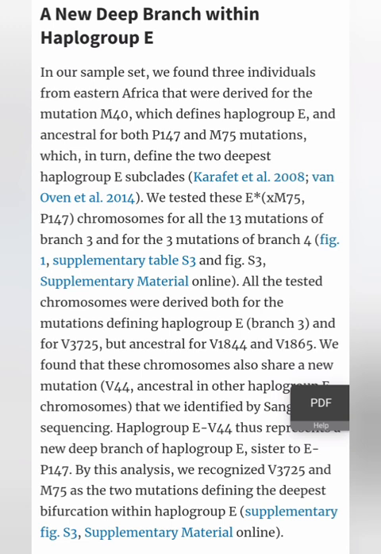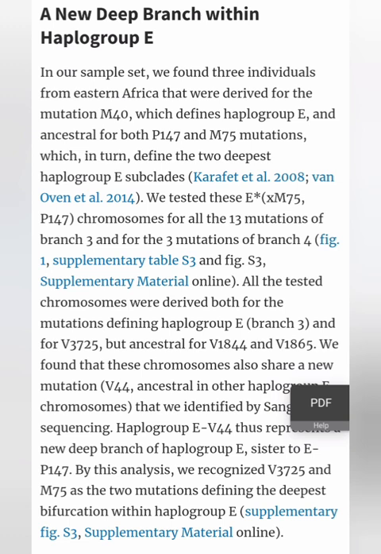Haplogroup EV44 thus represents a new deep branch of haplogroup E, sister to EP147. By this analysis, we recognize V3725 and M75 as the 2 mutations defining the deepest bifurcation within haplogroup E.